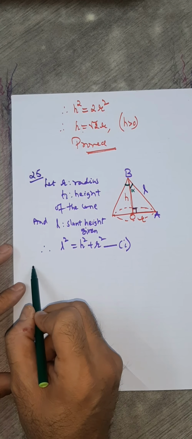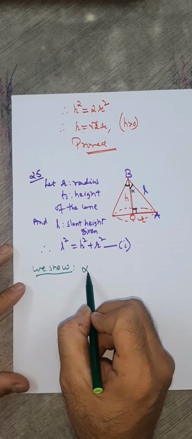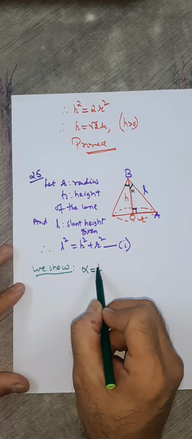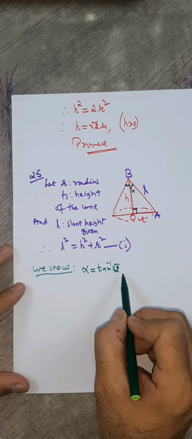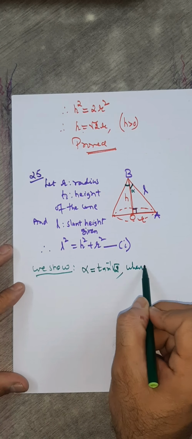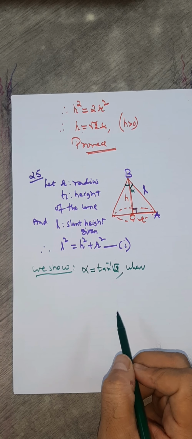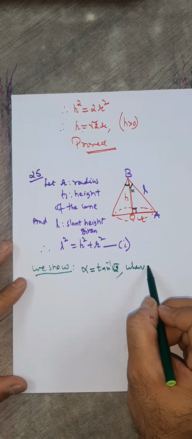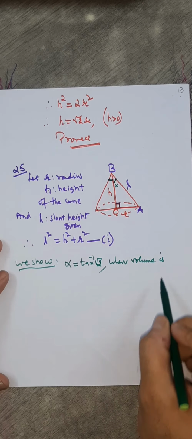Okay, so what will we show here? Alpha equals how much? Tan inverse root 2. That means you are going to show tan alpha equals root 2. We show this for the right circular cone with maximum volume, when the volume is maximum.